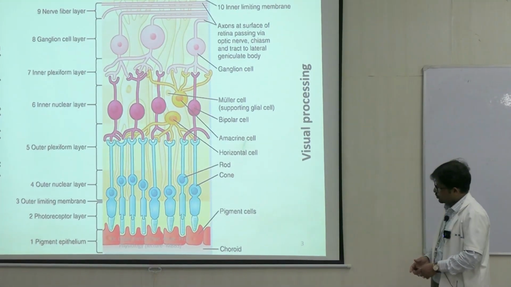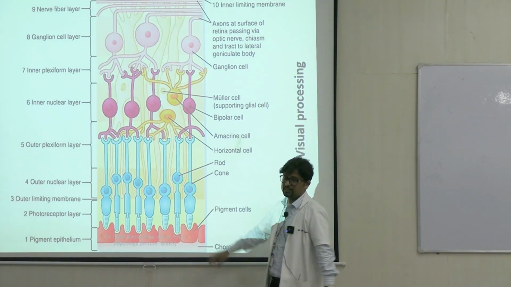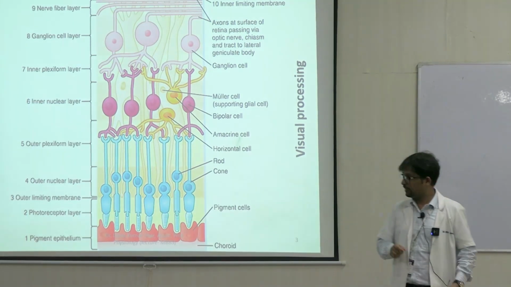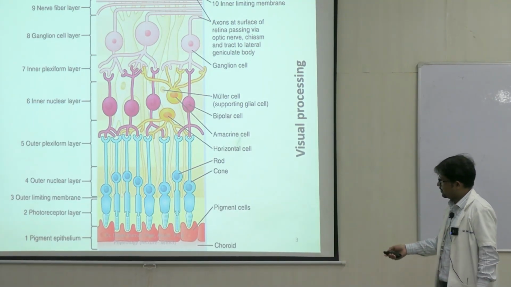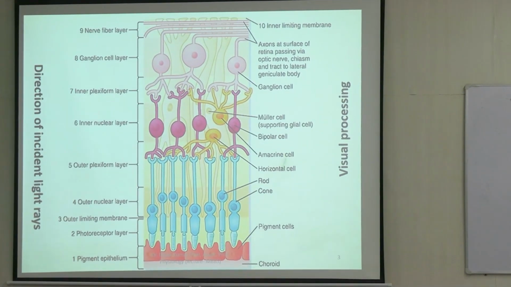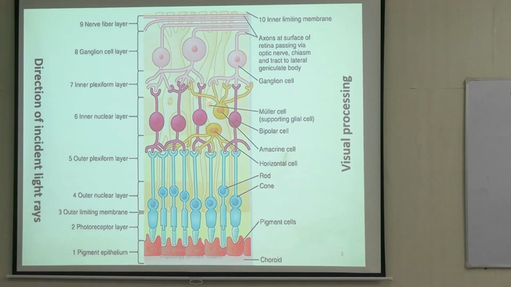Okay. Outer limiting membrane and inner limiting membrane, these are actually not very true membranes for that matter. So the glial tissue in the retina, you recall that nervous tissue is composed of neurons and neuroglia. So here the neuroglia is the Muller cells.